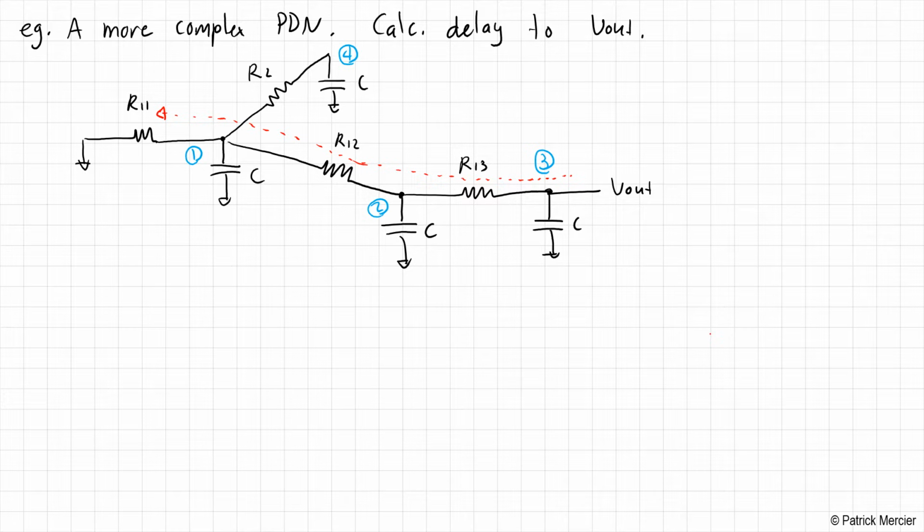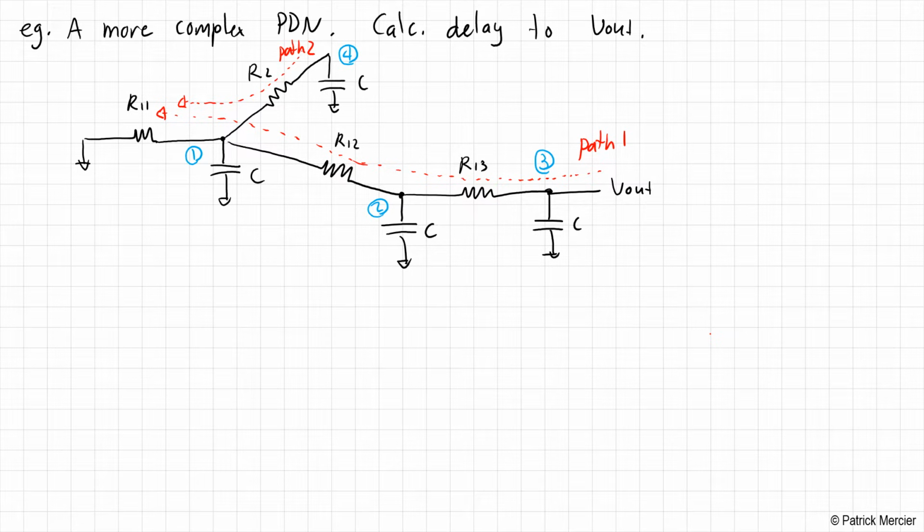We'll call this path 1. And we have another path that's going this way, and this is path 2. If we assume that all of these capacitors were originally pre-charged to VDD, then we have to assume that all of them are going to discharge to ground.